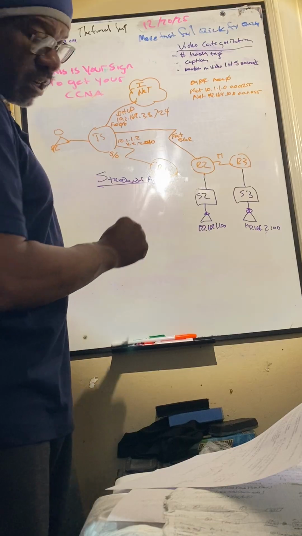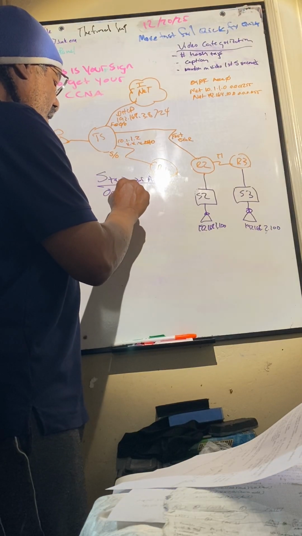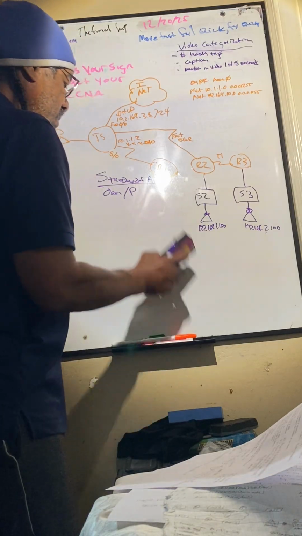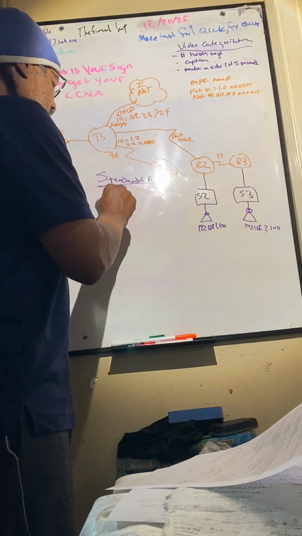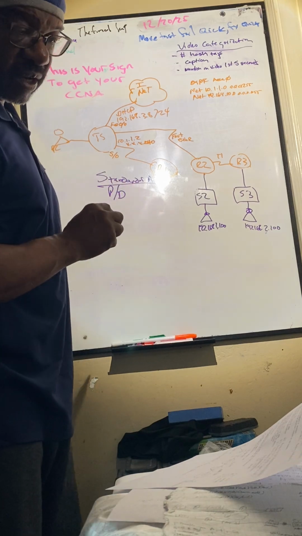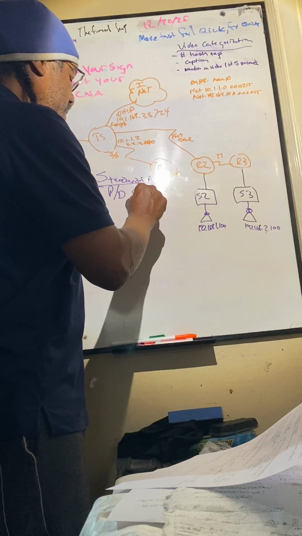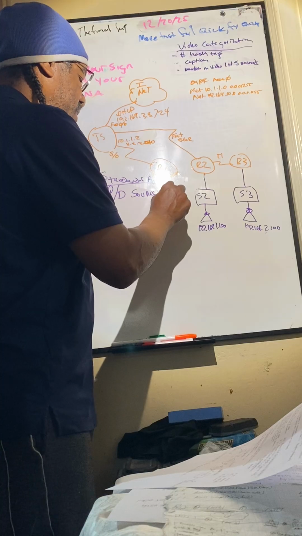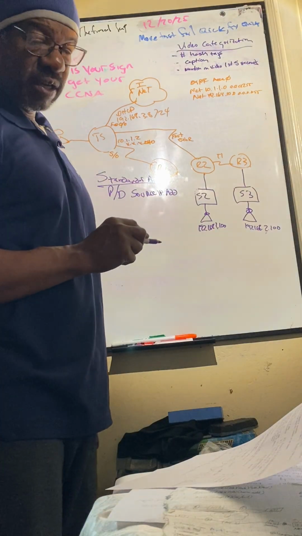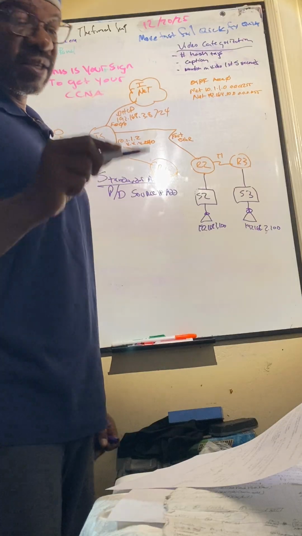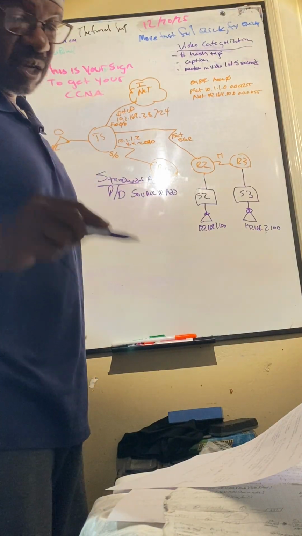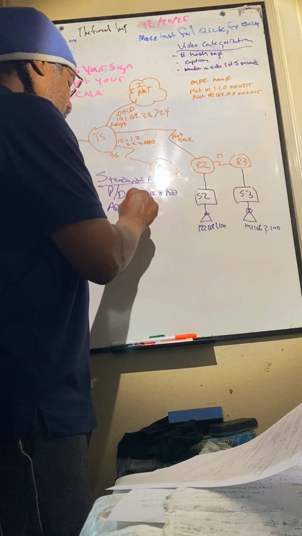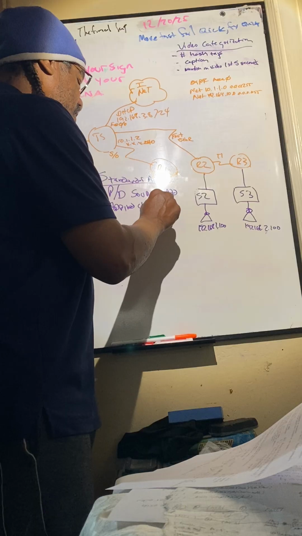Basically, they're going to permit or deny a source IP address. And these types of access lists are going to be applied closest to the destination.